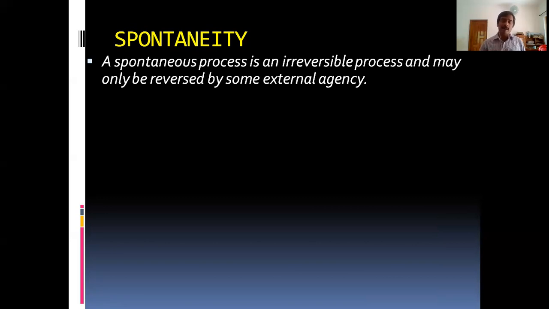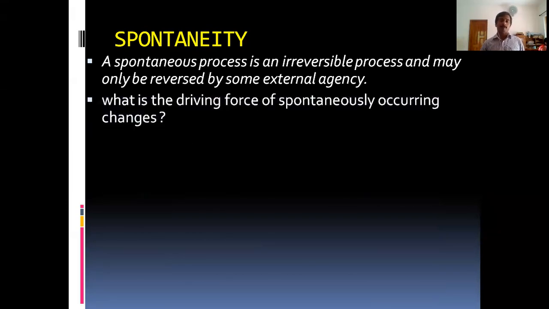The backward reaction takes place only with the help of an external agency. That is spontaneity. And what is the driving force of this spontaneous process? Why is it taking place by itself, without the help of an external agency?